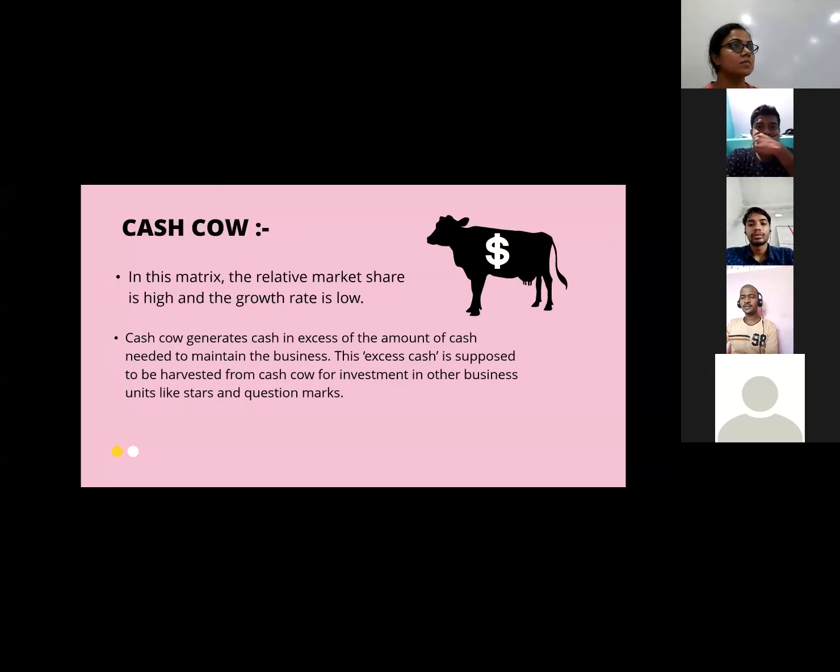Cash cow investment goes into other businesses, just like in star or question mark, to bring balance and stability to the portfolio.